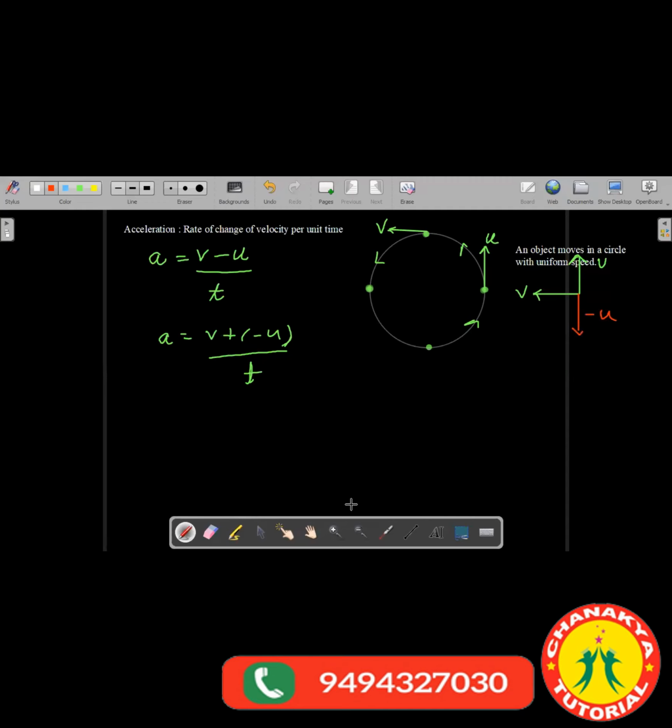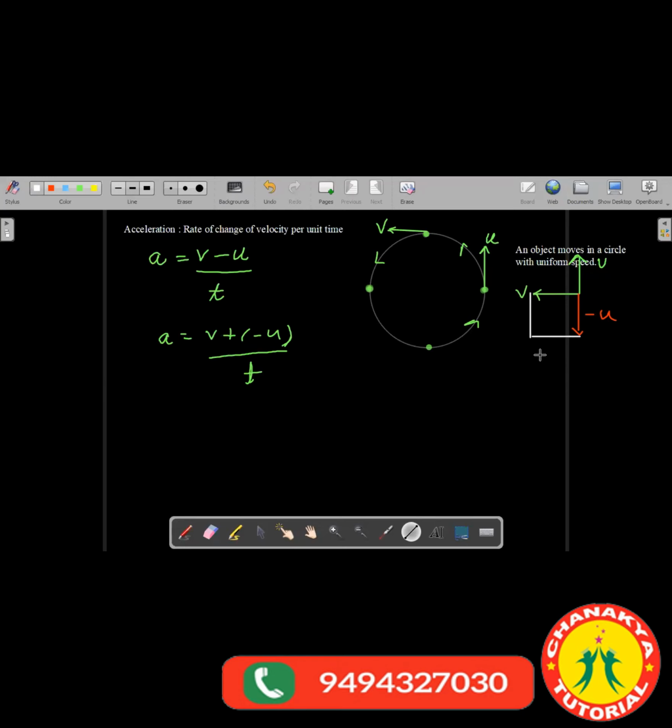Now we can find out v plus minus u. As per the parallelogram law of vector addition, we must complete the parallelogram, as these two vectors are co-initial vectors. So let's complete the parallelogram here.